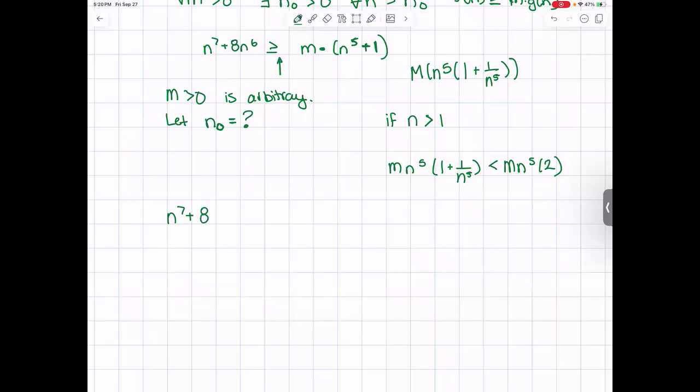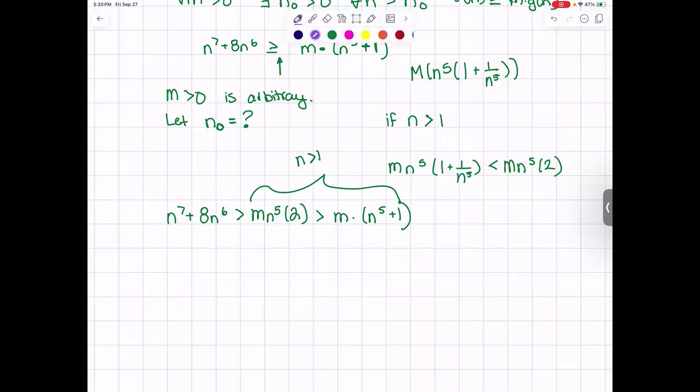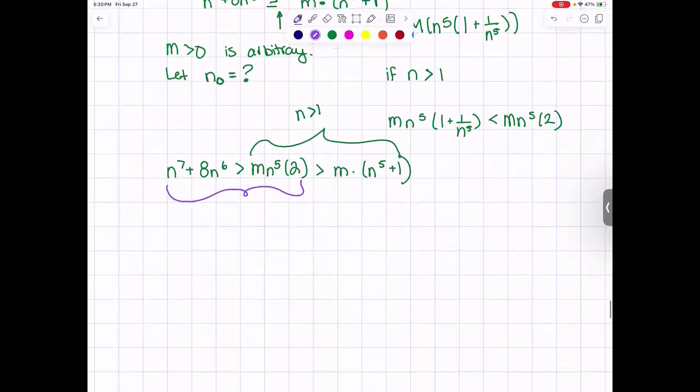We basically now have something where this is greater than this, which is greater than what we originally had. We've already proven that this is true when n is greater than 1. So now we're going to look at this side and see what we can figure out.